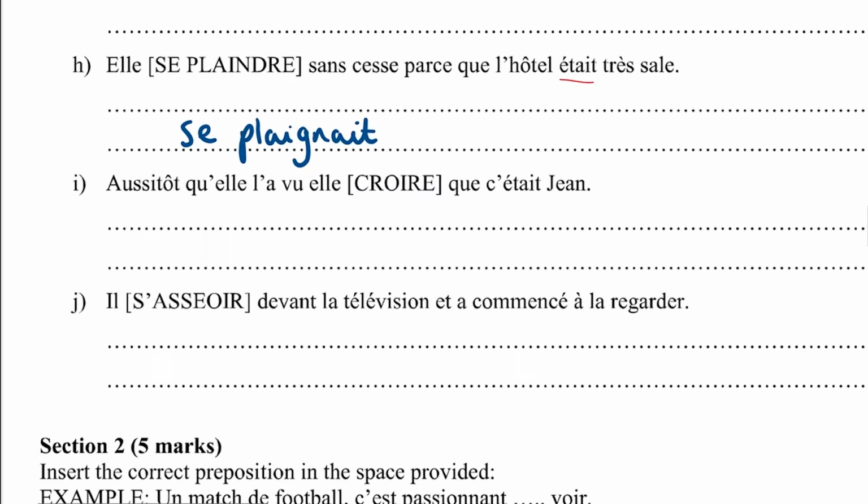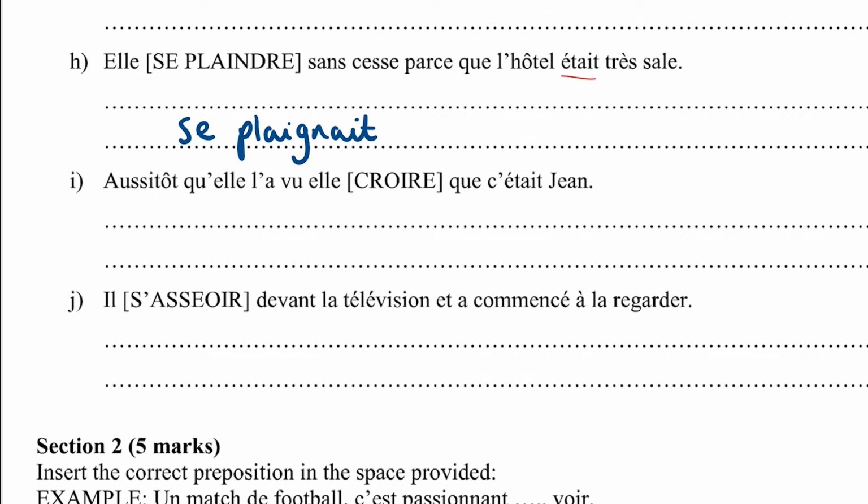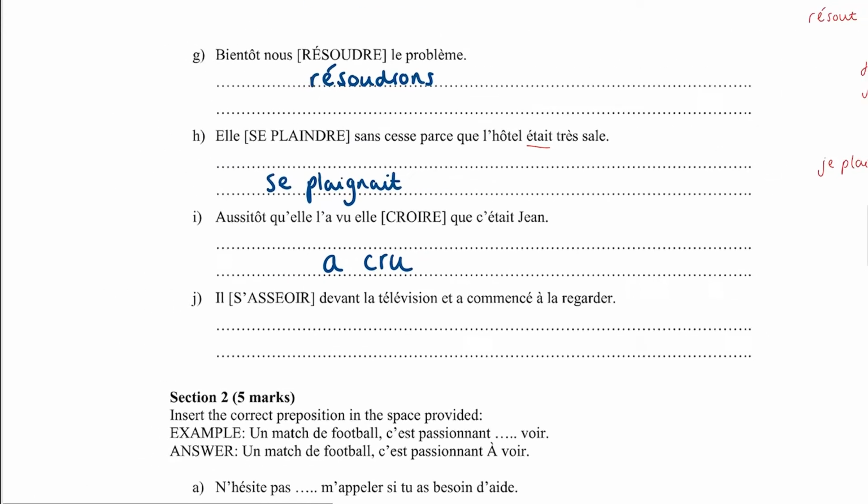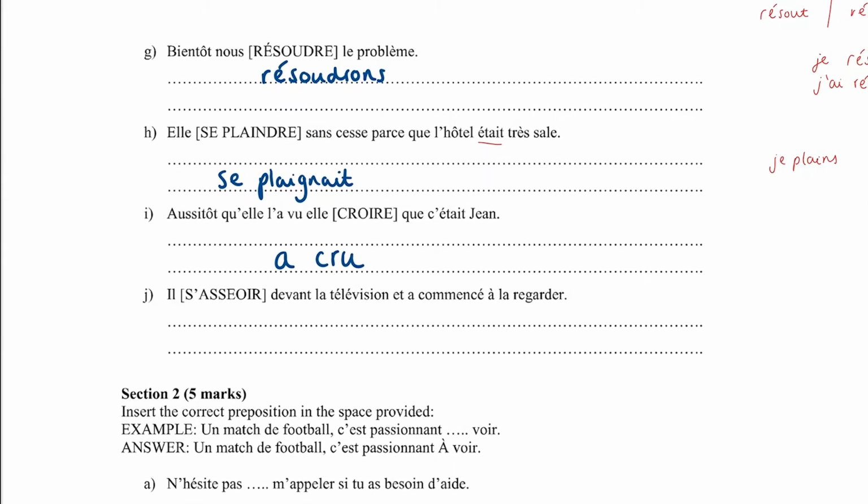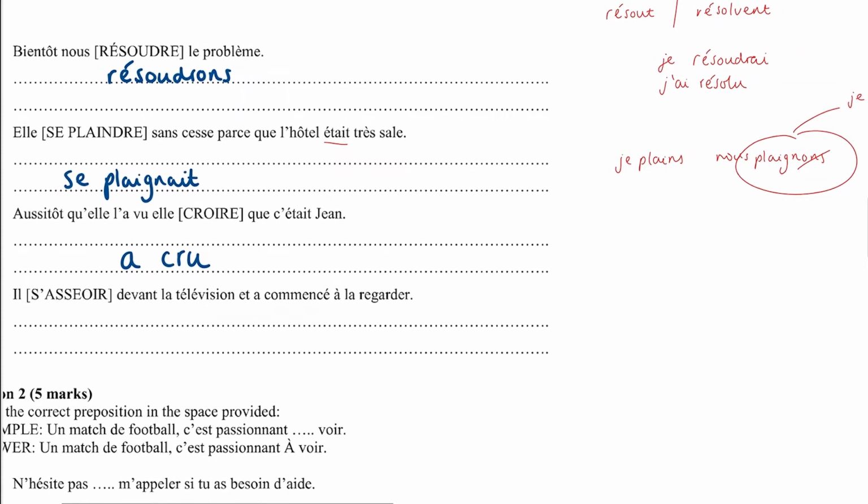As soon as she saw him, elle. This is quite easy, it's just the past tense of croire. Elle a cru. Another irregular past participle. And s'asseoir, another very irregular verb, which looks something like this. Je m'assieds.